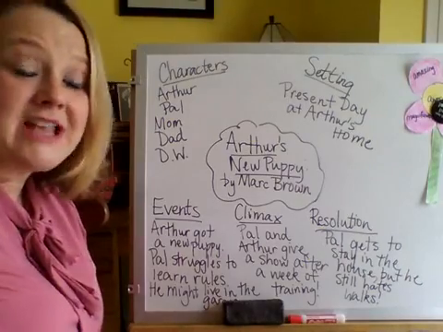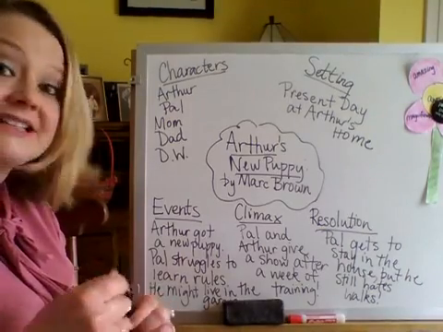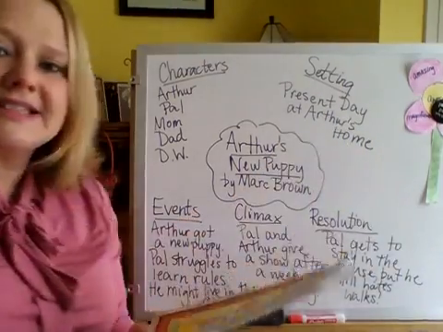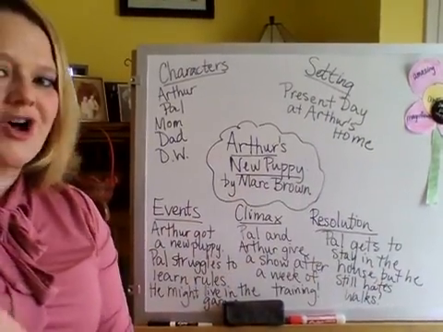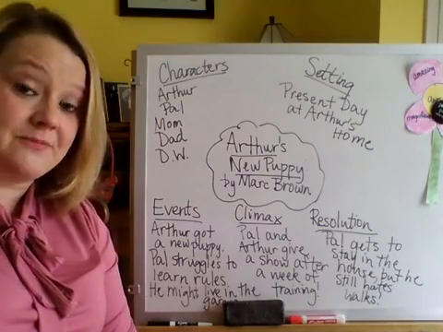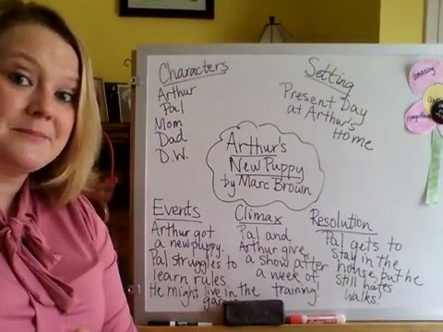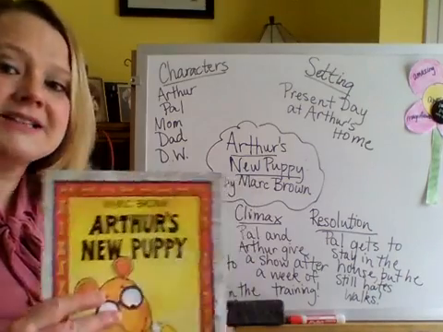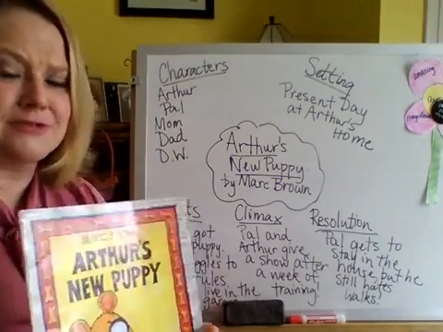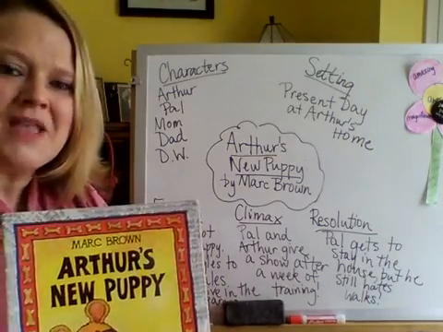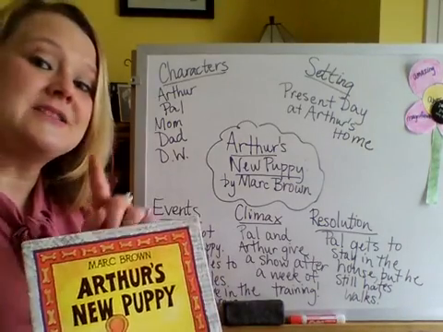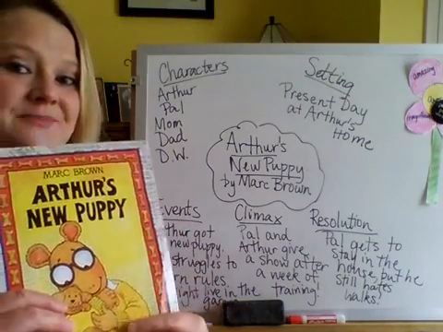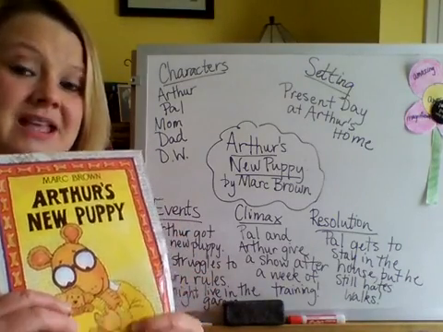So quickly, I was able to review this text. As you could see, we know that it's a fiction story. The story itself, we might be able to call realistic fiction, meaning it could really happen if the characters were people. A text like this has happened in many different families whenever a new puppy comes into the family. But it becomes a version of fantasy fiction because our characters have something called personification.